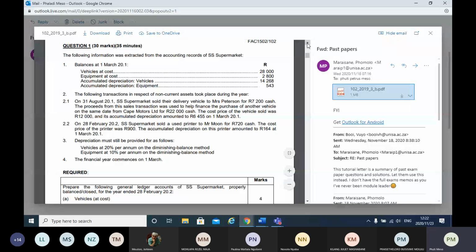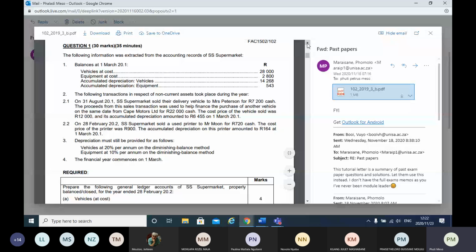12,000. Okay. Because the realization account is actually the inverse of the cost of an asset itself, you'd see that the vehicle at cost will come to the debit side because it's no longer there. But we are reversing it. Can you see that? We're moving it back. Because the T account that we're doing now is different to the T account of the asset that we did before, right?